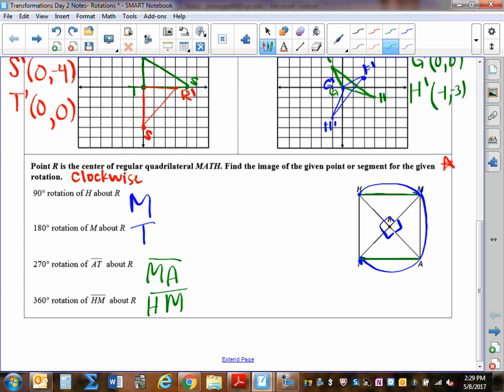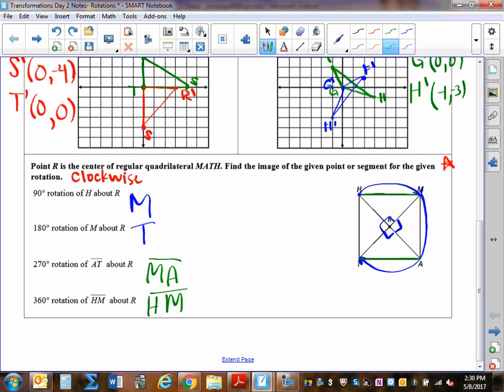Questions on those? Alright. Now before we go to the back side, I want to read something to you out of our wonderful textbook. In our textbook, section 9.3 is rotations, and the textbook says the following: unless stated otherwise, rotations in this book are counterclockwise.